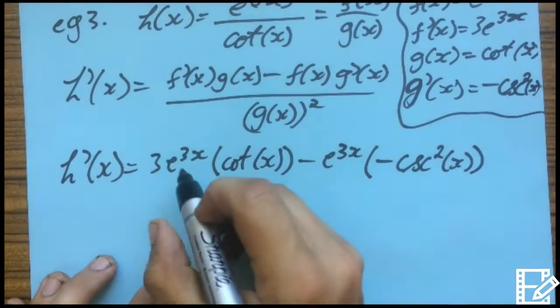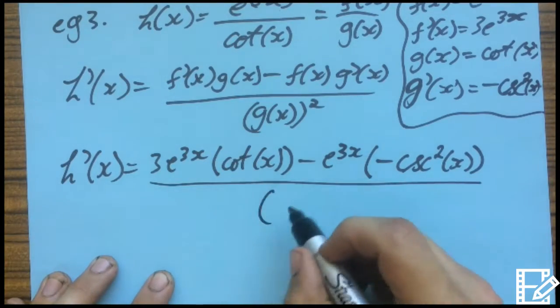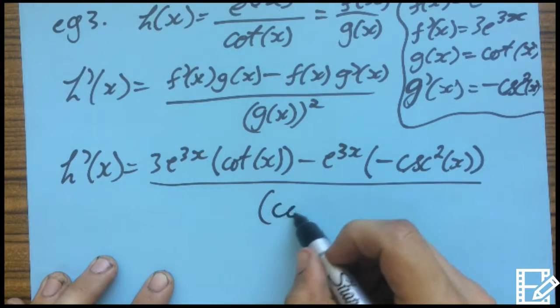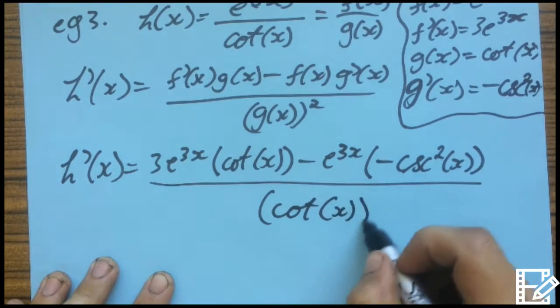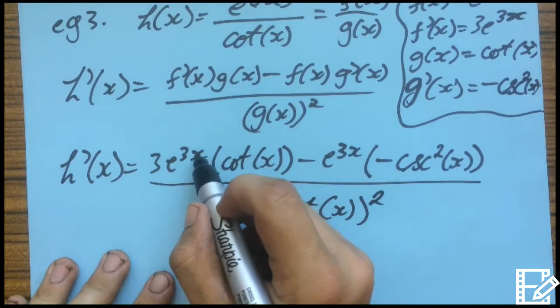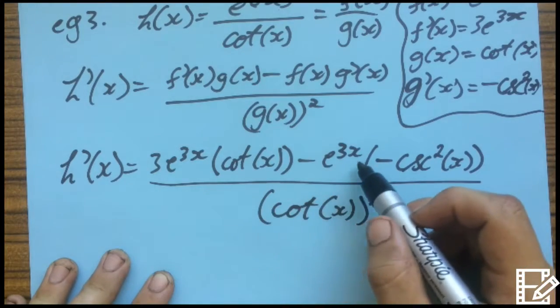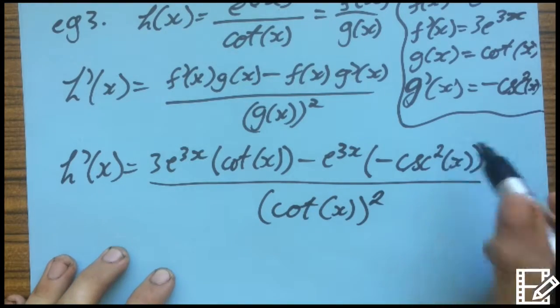So the thing in common on the bottom is squaring the g(x). But the things we have in common on the top are the e^3x, because it's multiplied to the cotangent and the 3, and then we also have it multiplied to the negative cosec squared.